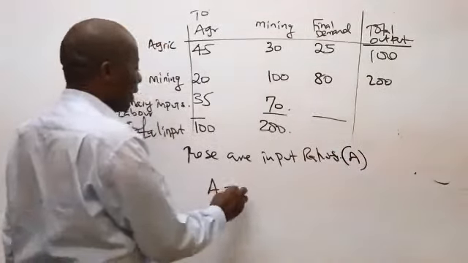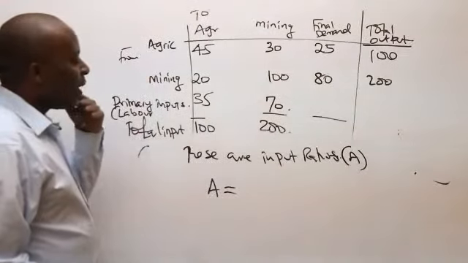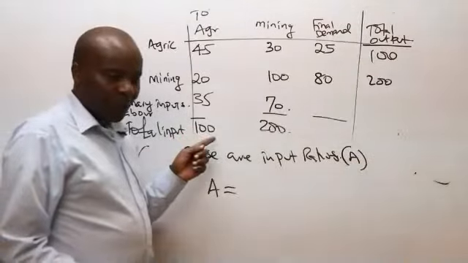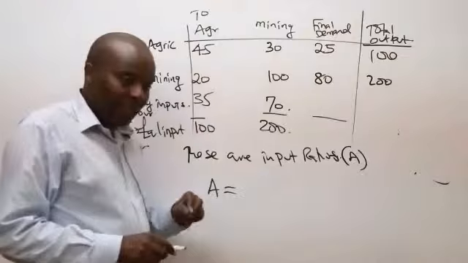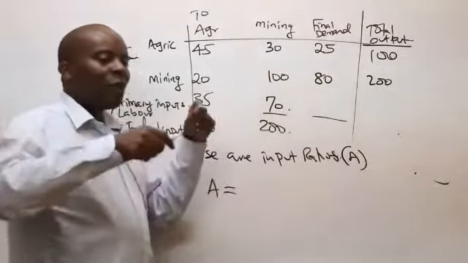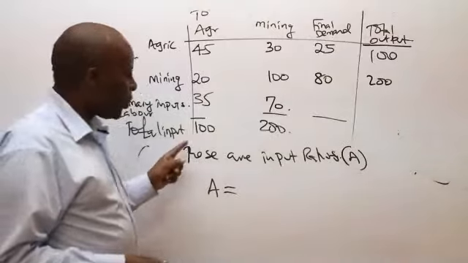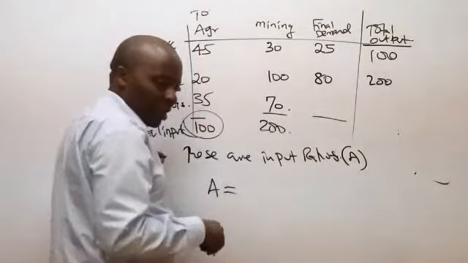And for us to get A, because I've got two sectors, I only need to go to my columns. Remember, we must first of all start by planting and then we harvest. So the input is a benchmark, and here we normally go down.